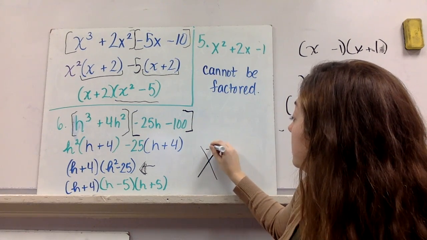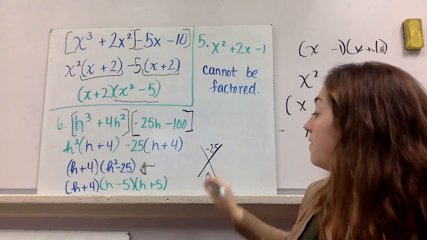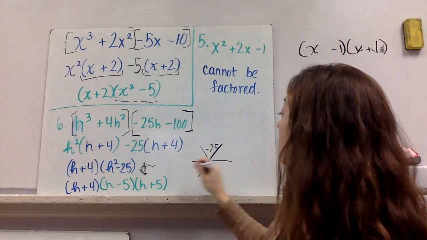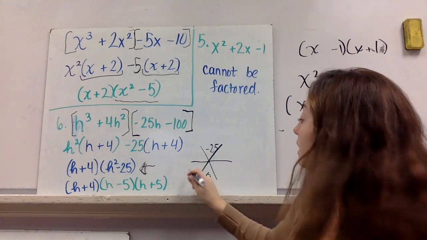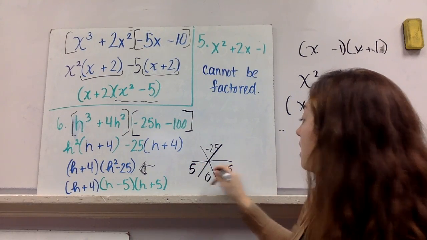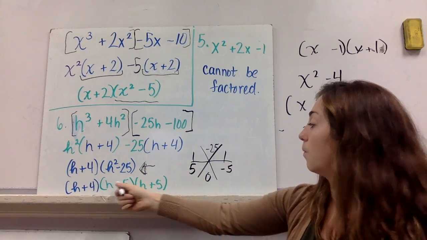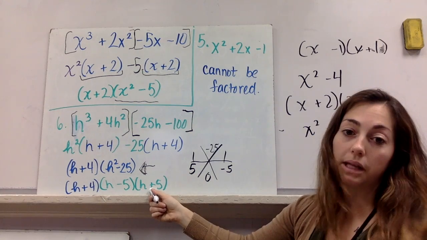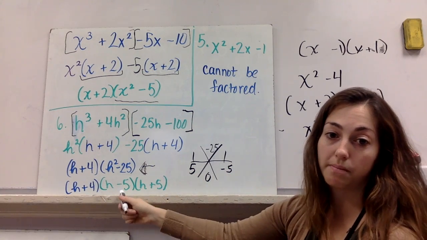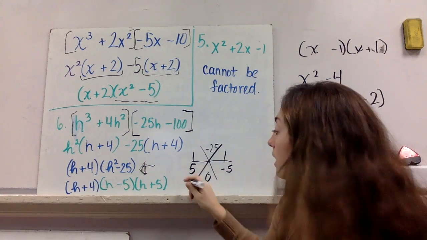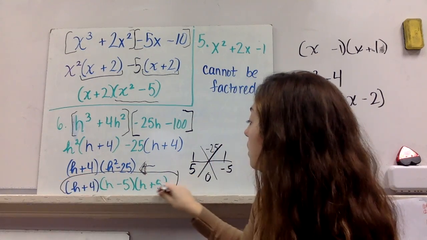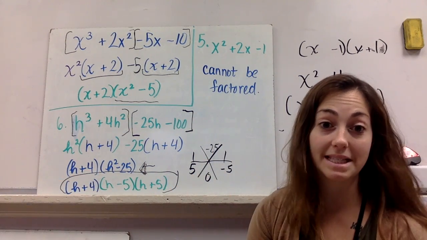A times c is negative 25. My b value doesn't exist. What multiplies to negative 25 and adds to 0? Well, that's 5 and negative 5. My a value is 1, so I get 1h plus 5 times 1h minus 5, which is my answer now, because I was only working with that one piece. That's it.